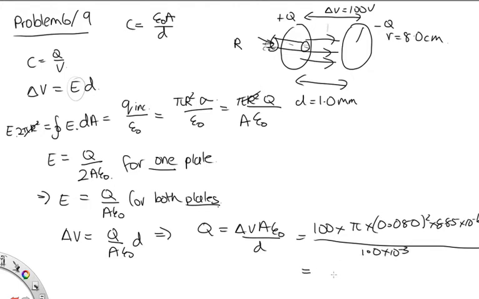And solving that on the calculator, you end up with 1.8 times 10 to the minus 8 coulombs. You can see if you substituted this into here in the first step, you would end up with the same formula. Problem 7 for 1221 or 10 for 1231.